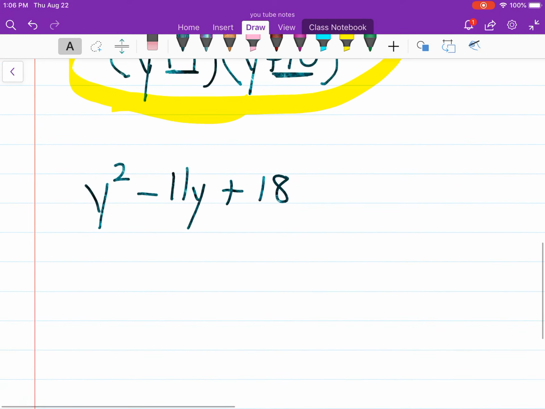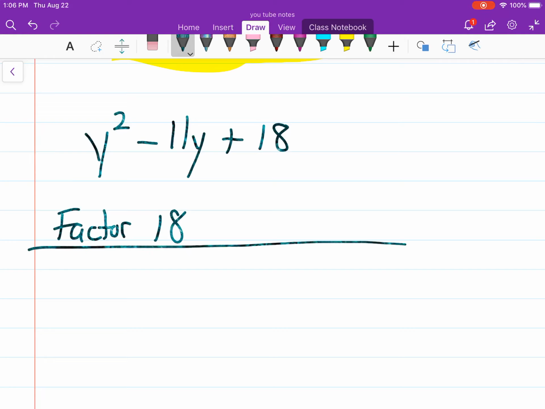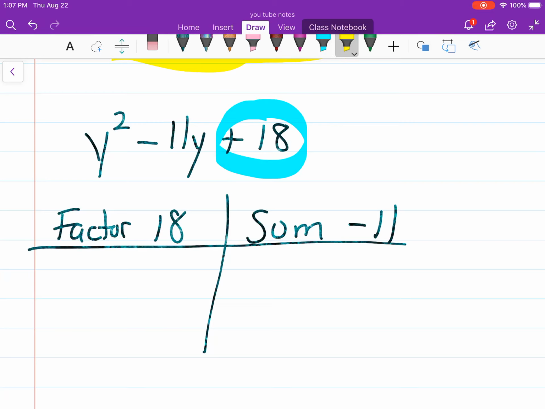I'm going to take the factors of a positive 18. This time they have to sum up to a negative 11. Why negative 11? Why positive 18? Well, that is a positive 18, and that is the negative 11.